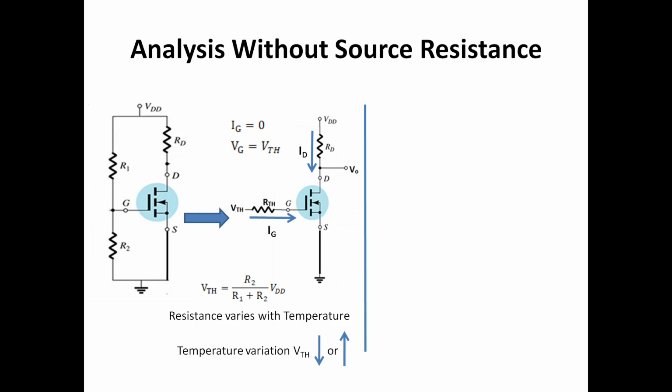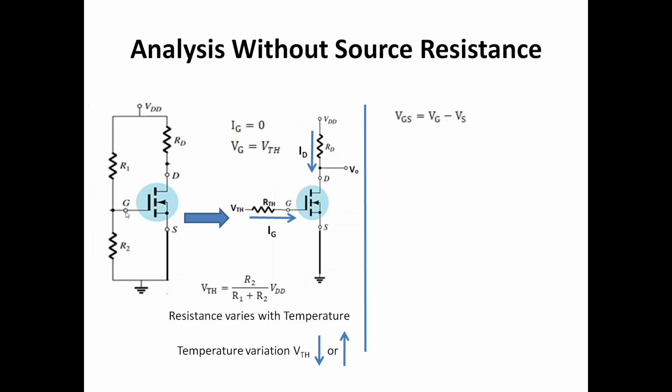Depending on resistance value, this potential drop across this R2 will vary. So our potential drop across this R2 may increase or decrease, so that the VTH will increase or decrease. That means the gate potential will increase or decrease.